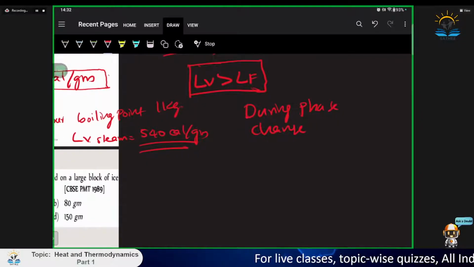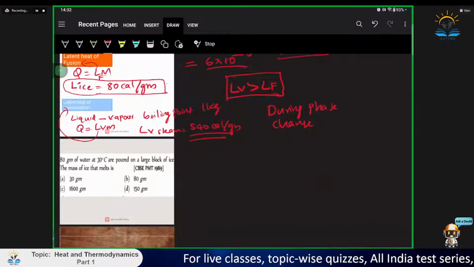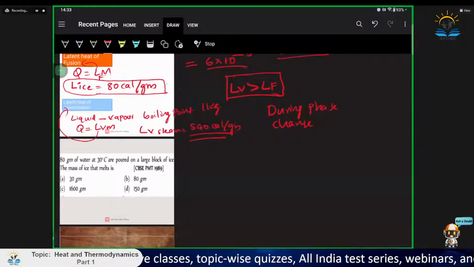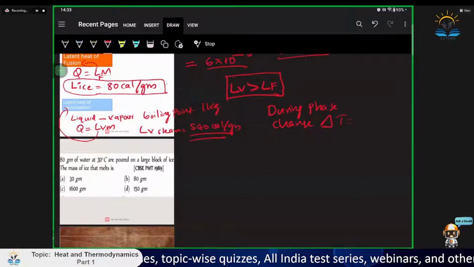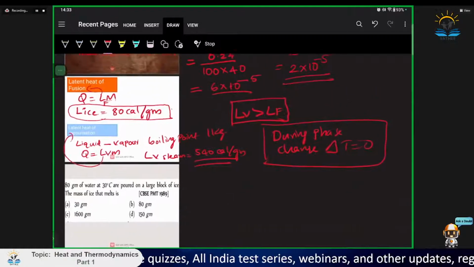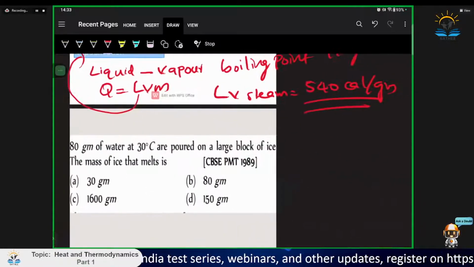Why? Because the heat is used to remove the inter-attractive force between the particles. So during phase change, delta T is equal to 0. Everyone should know this much of the basic points. Now we are doing a question.